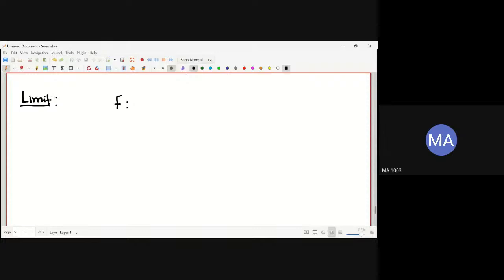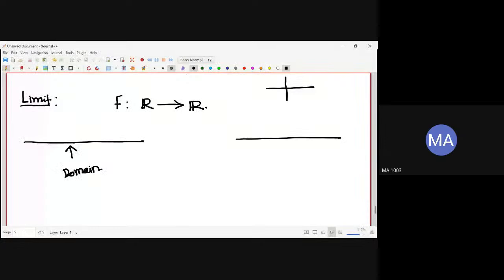And usually you represent the graph of the function in the xy plane. But again, I can represent it in this way. So this is a function; this basically takes R to R.